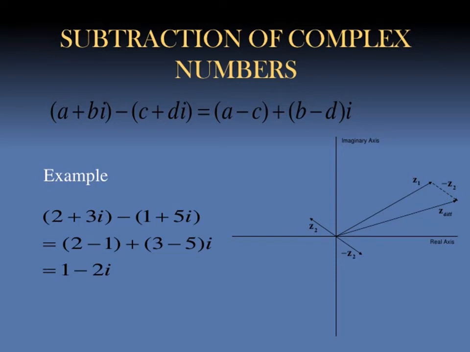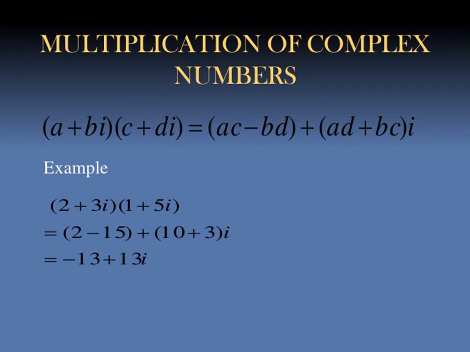The next point of the algebra of complex numbers, that is the third point, is multiplication of complex numbers. How to multiply? Let us see here. Let us take two complex numbers: the first complex number is a plus bi and the second complex number is c plus di.